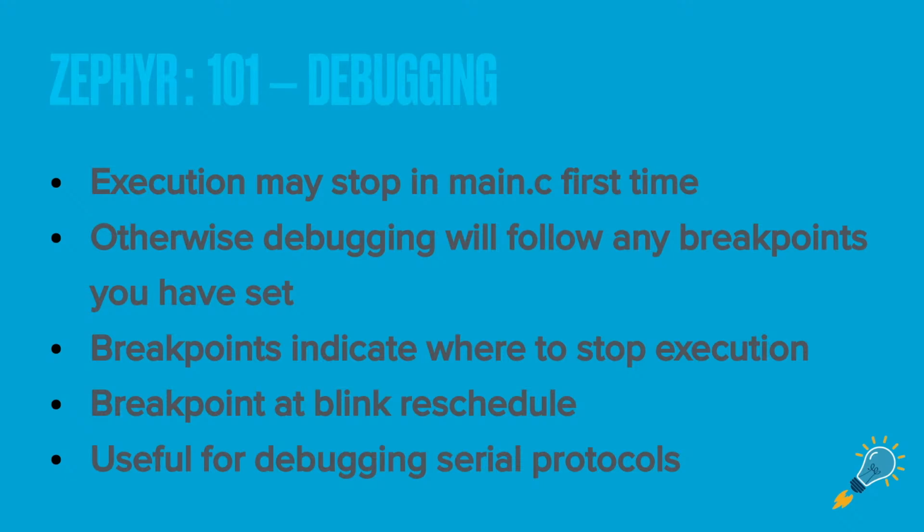Breakpoints are used to stop the execution of your code, so you can review whatever you need to review, or look at a logic analyzer or whatever. So very critical. For example, I used that breakpoint in the blink reschedule function to stop, do something, then resume execution, and it would stop again. It's really dependent on what you're using a debugger for.